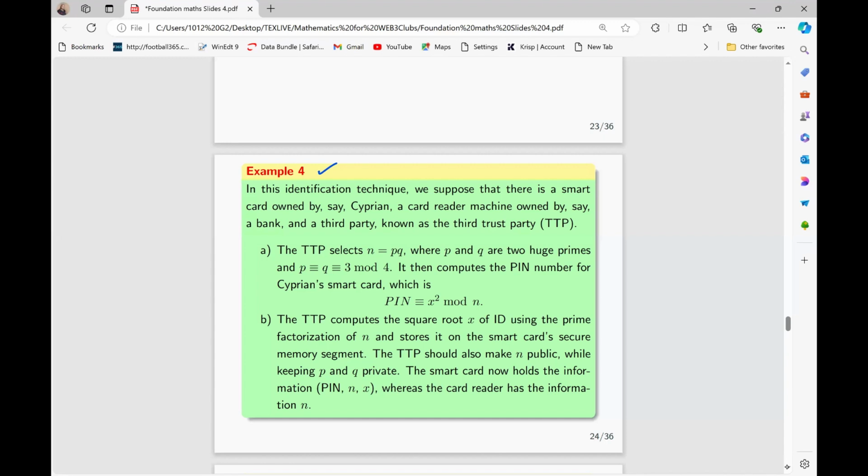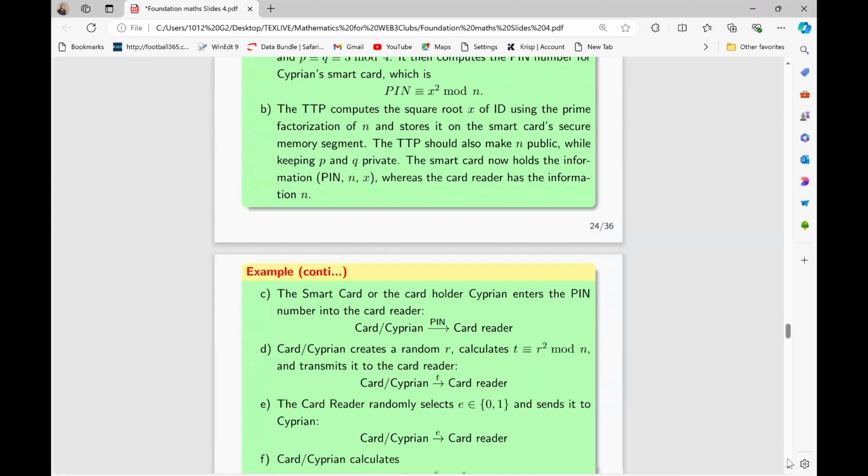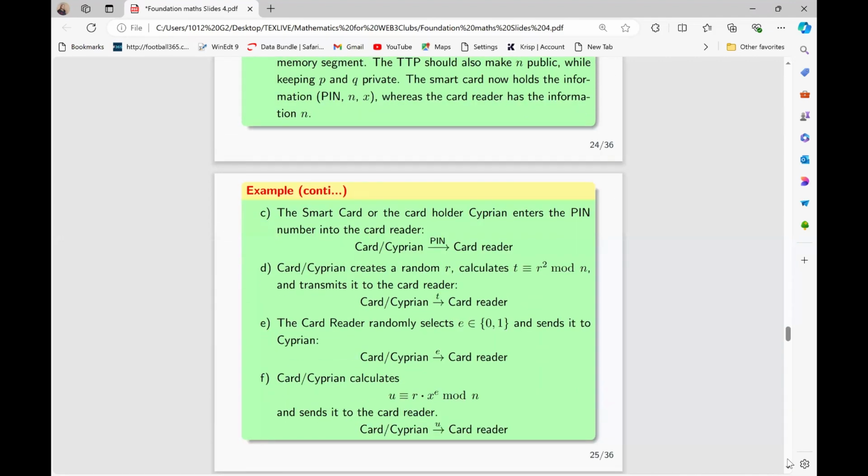I've come up with a way of looking at how, if you went to a bank and wanted an ATM card, the PIN will be produced up to the time that the card will be printed for you. So these are the steps.